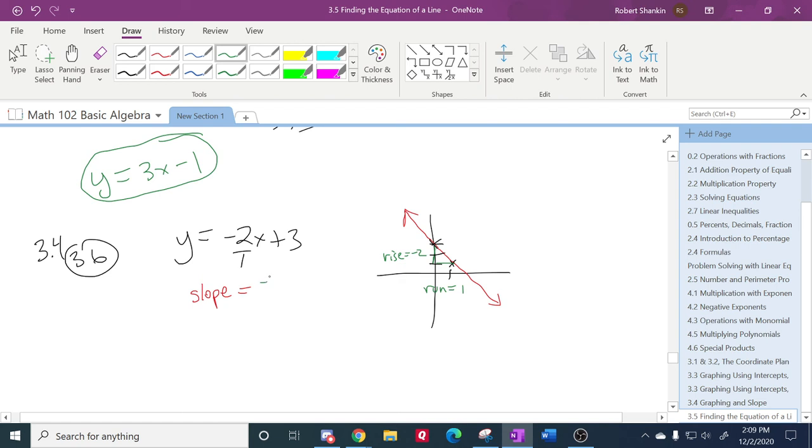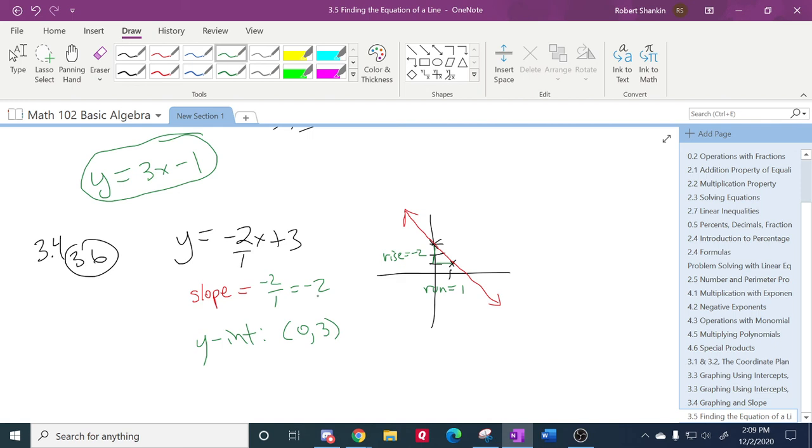So this would be -2 over 1, which is -2. But this number will always agree with that number if it's in y equals mx plus b format. And the y-intercept, from just looking at the graph, is 0 over 3 up. But the y-intercept always agrees with this number if it's in y equals mx plus b format. It's just emphasizing all of that. Does that make sense, Freddie? Yes, it does. Perfect sense.